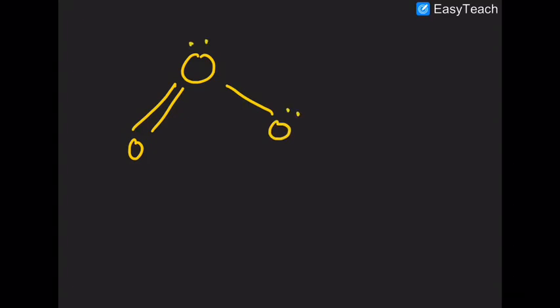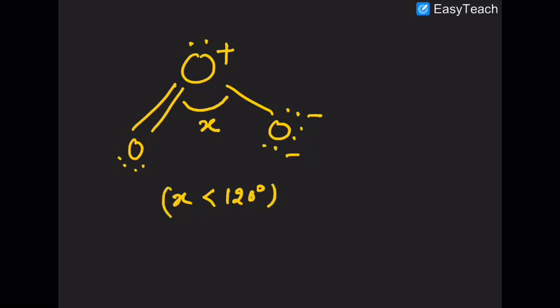Now, in case of ozone, this is the structure of the central atom. This bond angle is X. So X is less than 120 because of what? Lone pair.